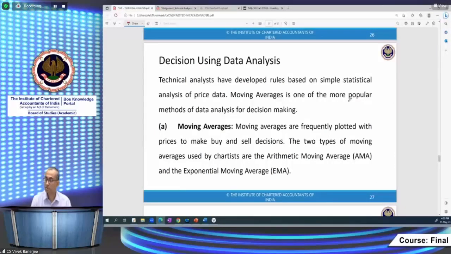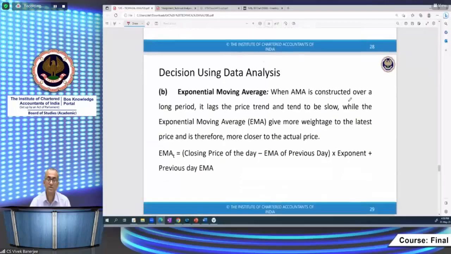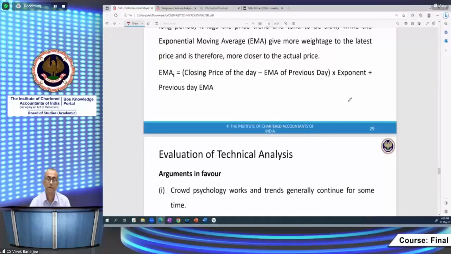Now coming to another very important concept, the efficient market hypothesis.